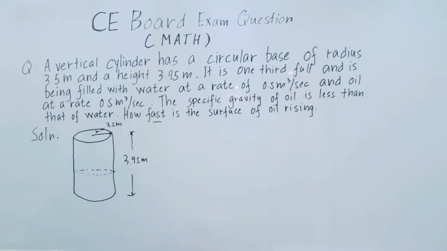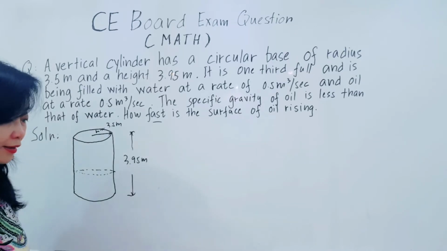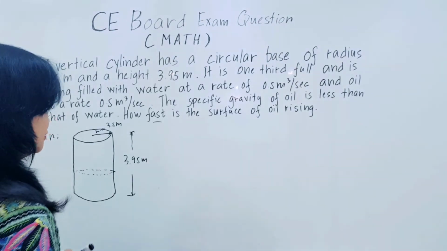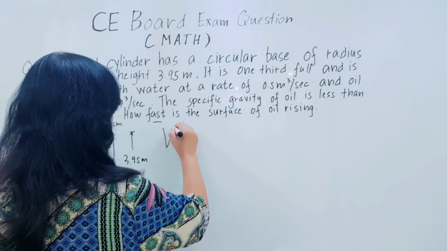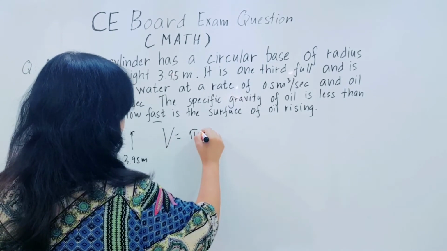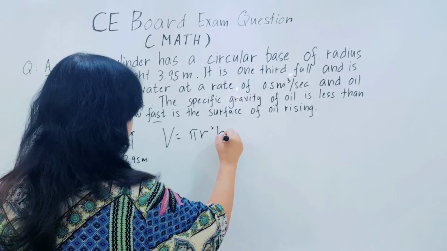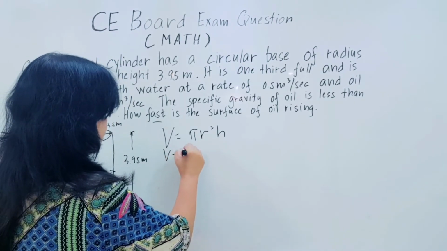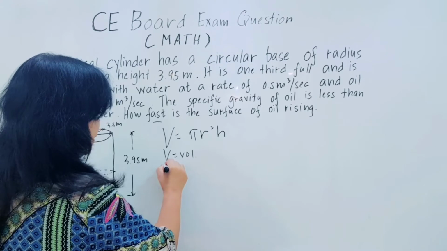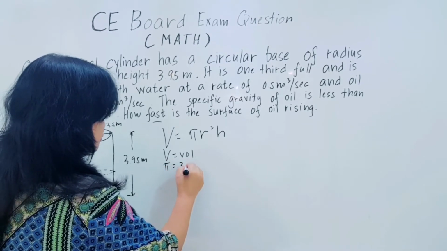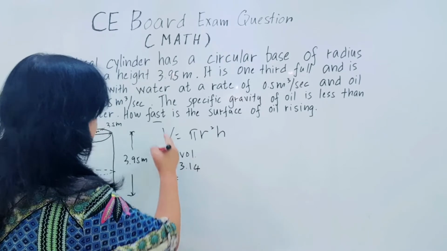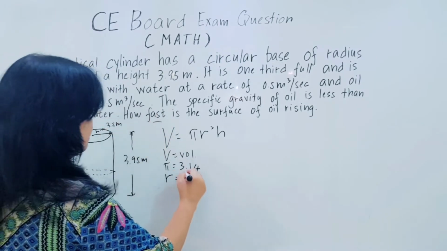Now, this can be solved using the volume of cylinder formula, which is equal to pi r squared h, where V is the volume. Pi is equal to 3.14. The radius is equal to 3.5 meter.